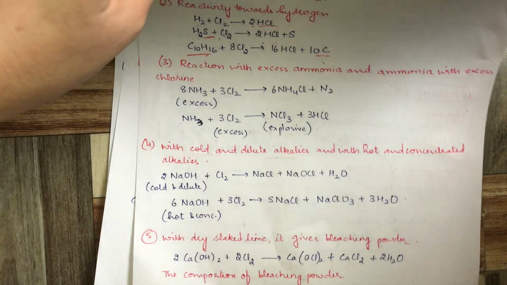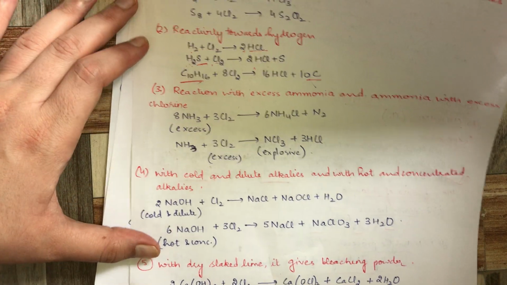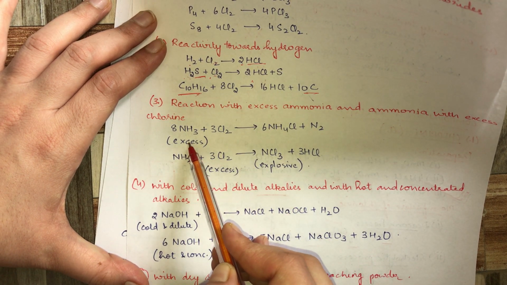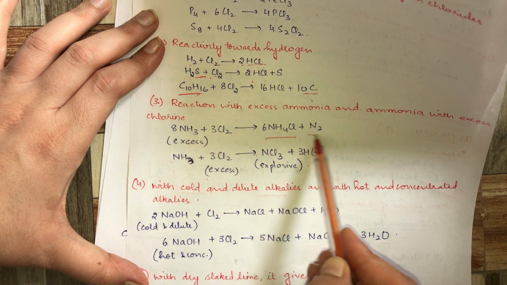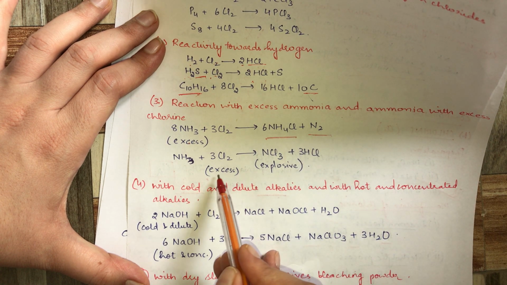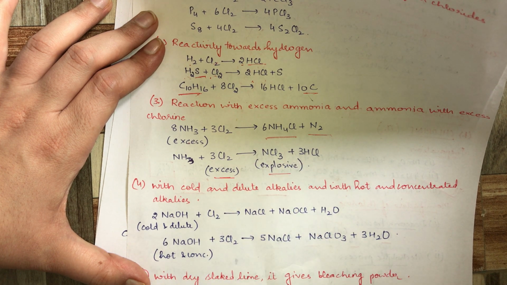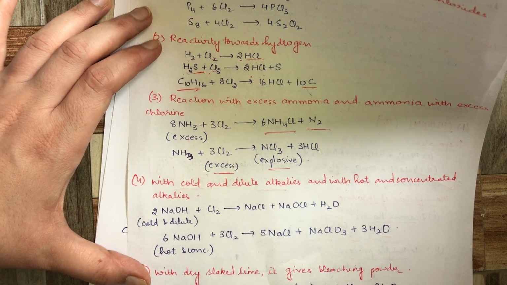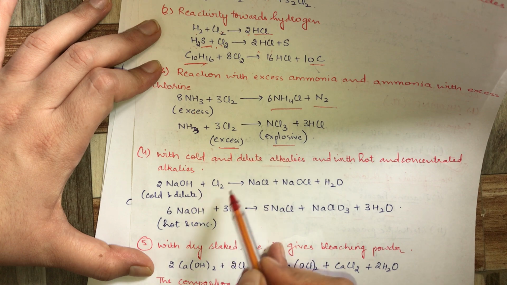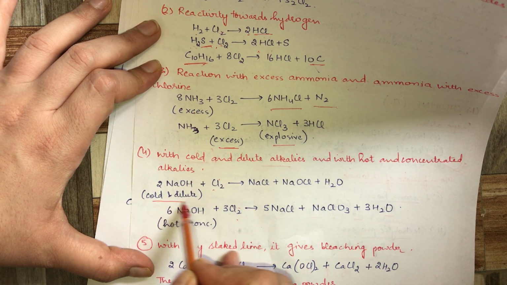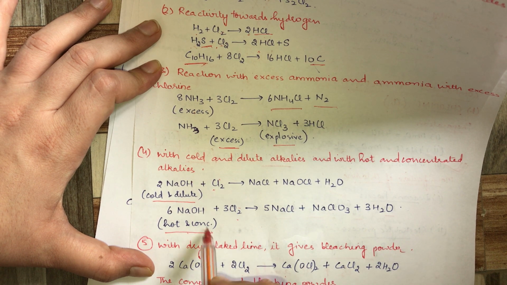Next, a very important point, third and fourth. If chlorine reacts with excess of ammonia, NH4Cl and N2 gas is released. And if chlorine is in excess, an explosive compound NCl3 is formed. Note it. Now, chlorine reacts differently with NaOH when it is cold and dilute and when hot and concentrated.